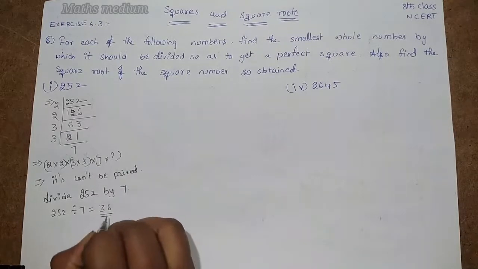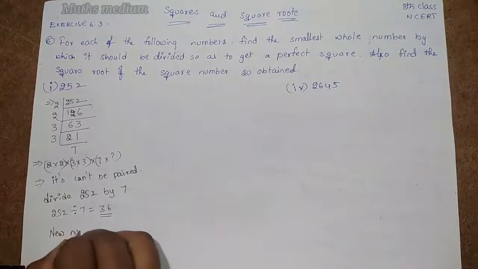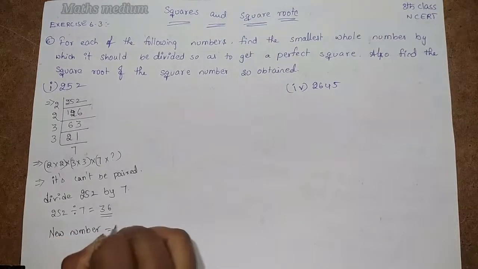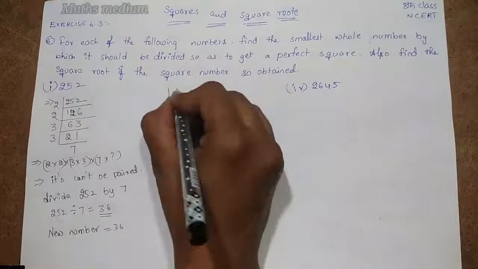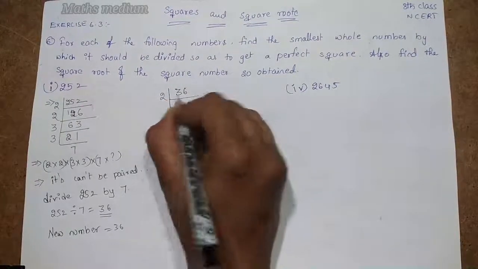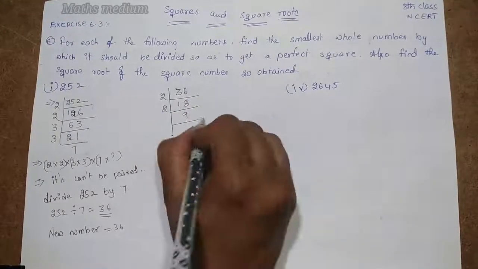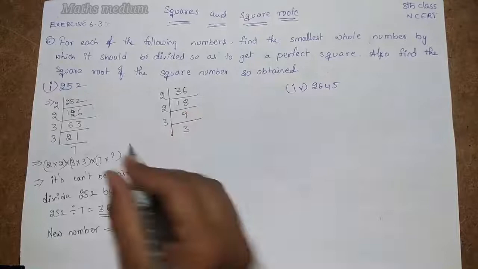Now make the prime factorization for 36. So the new number is 36. 36 divided by 2 is 18, 2 9s are 18, 3 3s are 9.